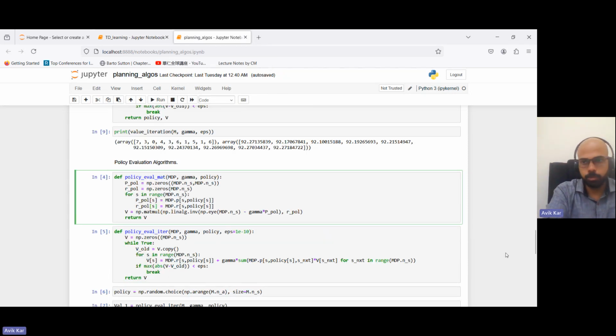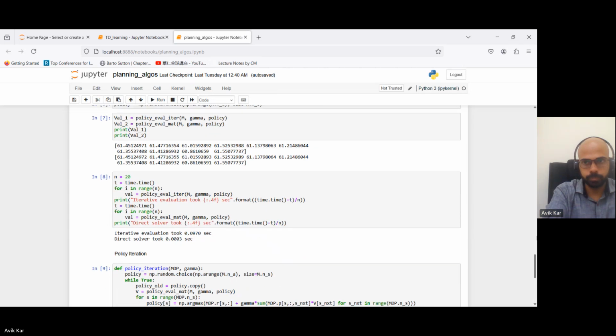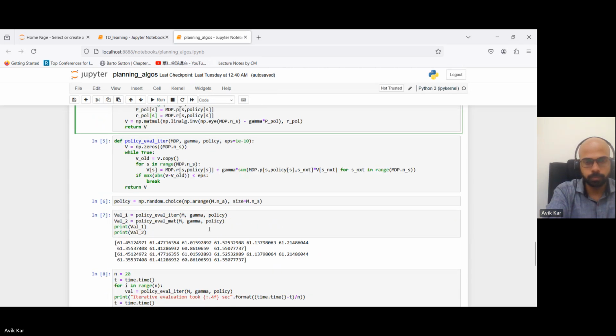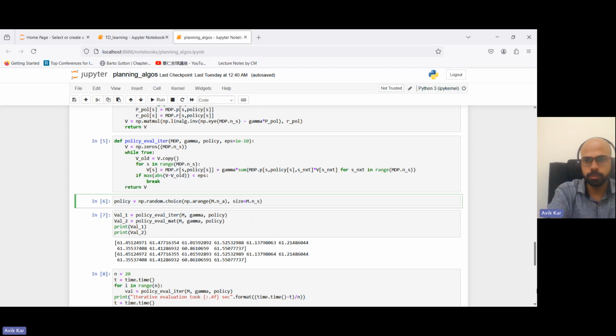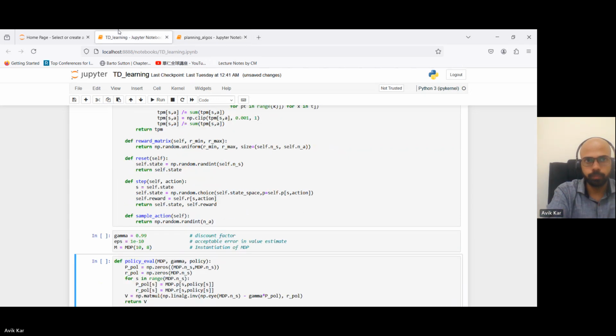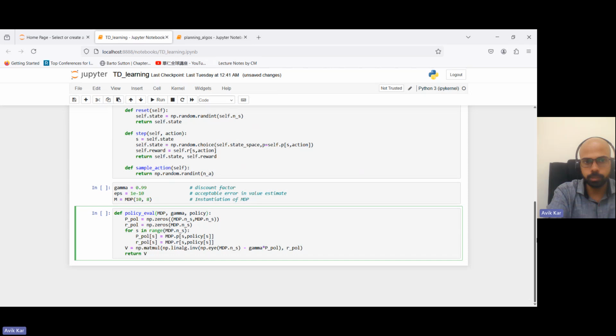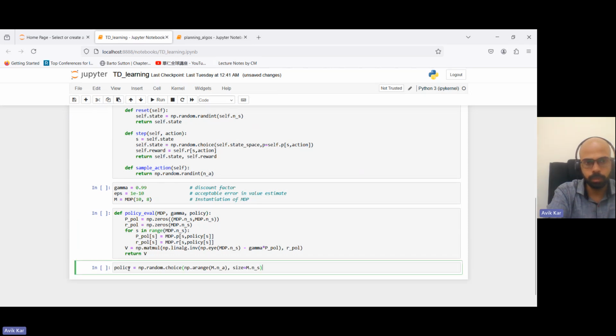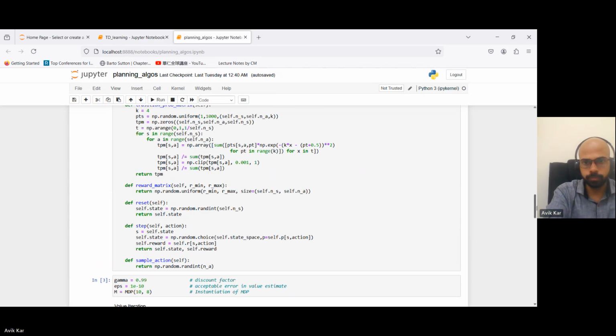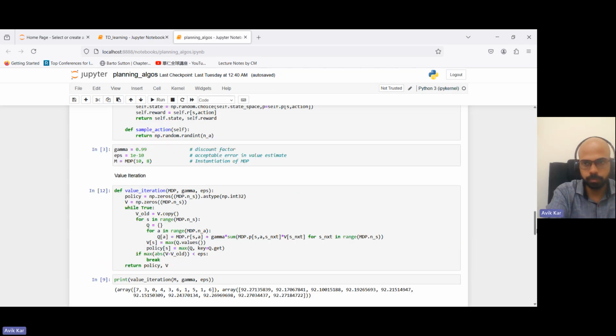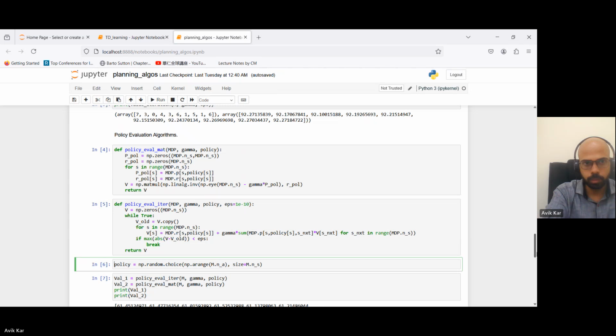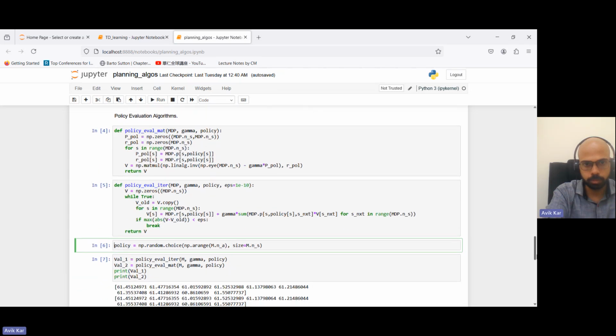So we'll do that as well. Initialize the policy, evaluate the policy through the policy evaluation algorithm, and then we write the code for the TD learning algorithm and we'll see how they match or how much they differ.